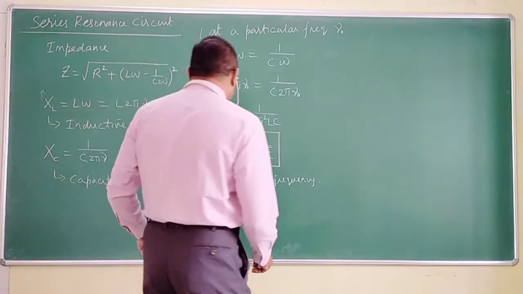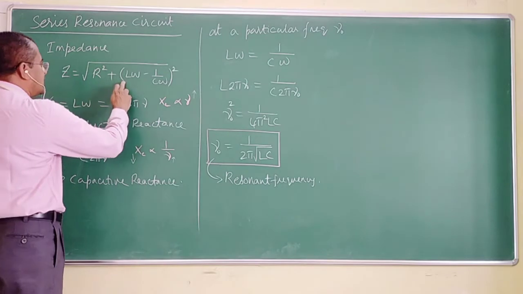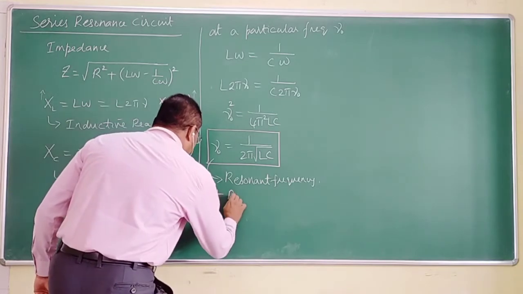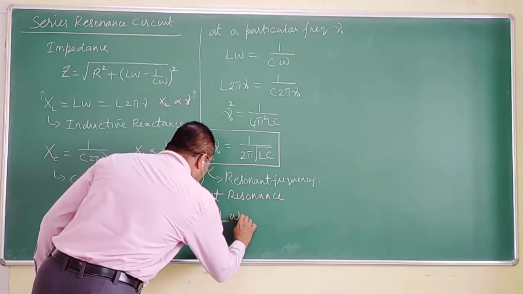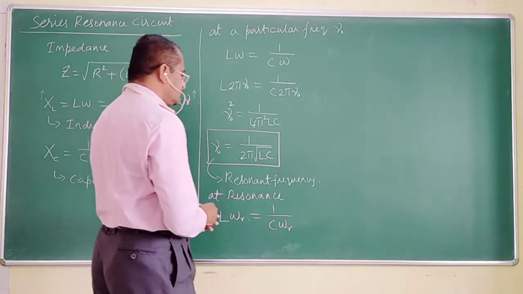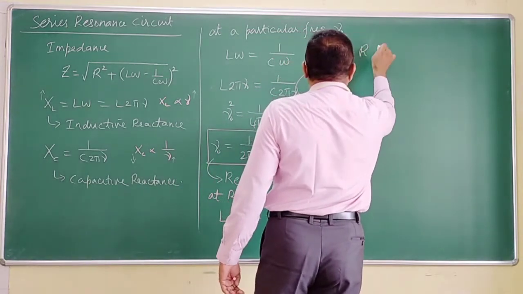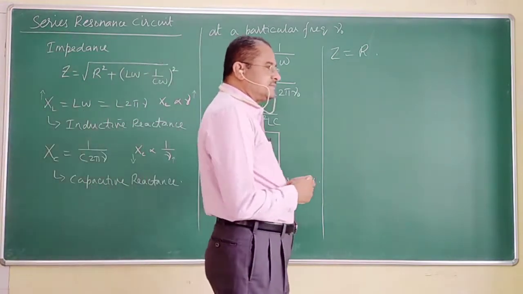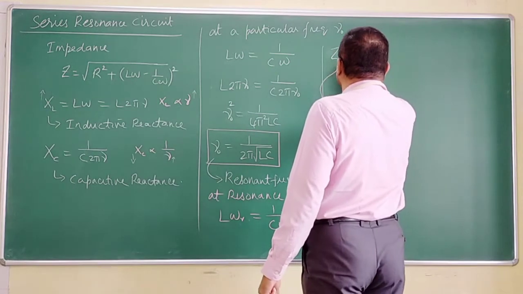When XL equals XC, or L omega equals 1 upon C omega, at resonance the impedance Z is equal to R. So when resonance occurs, impedance becomes minimum.